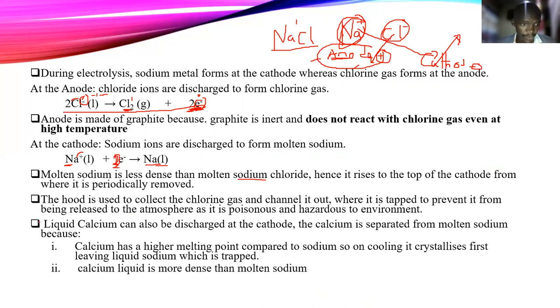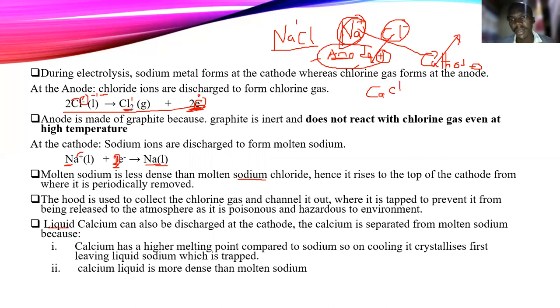We have also the liquid calcium, because we had the calcium chloride, which was used to reduce the melting point of sodium chloride from about 800 degrees Celsius to 600 degrees Celsius. If you heat it, it will be in molten state, that calcium chloride, which also will be discharged.